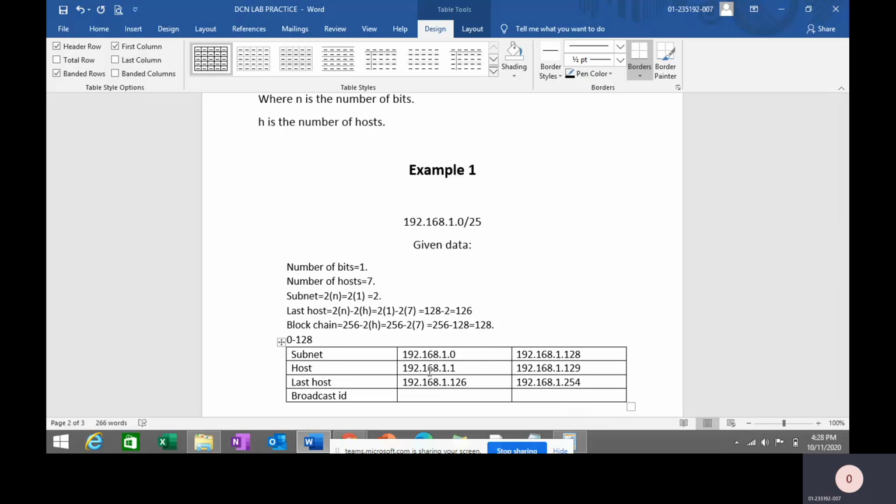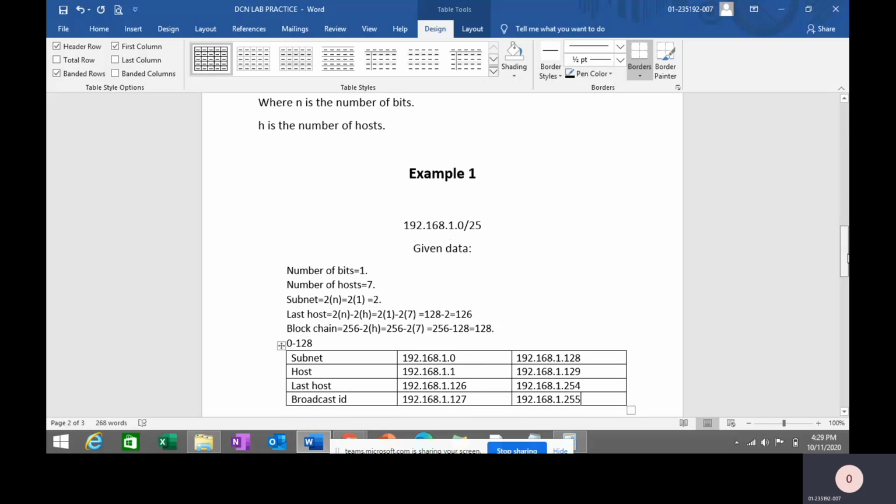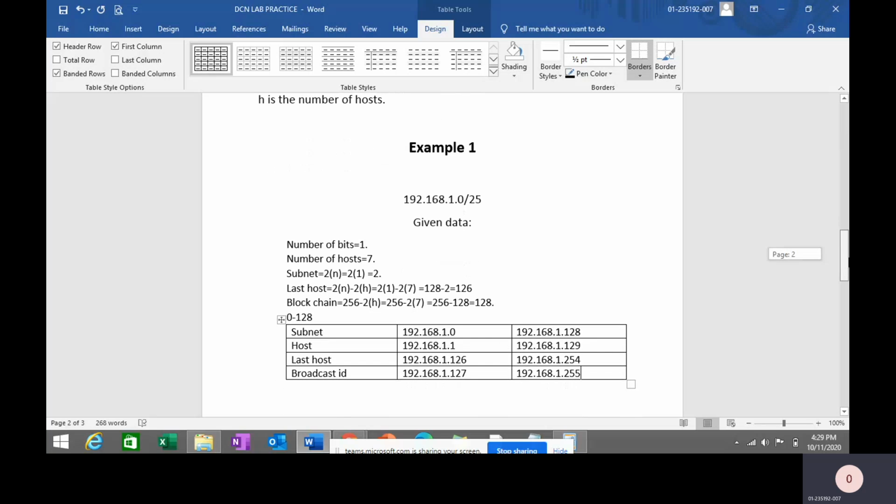And what I need to mention here are the broadcast IDs, 192.168.1.127 and 192.168.1.255. So this is how you determine subnets when an IP address is given to you.